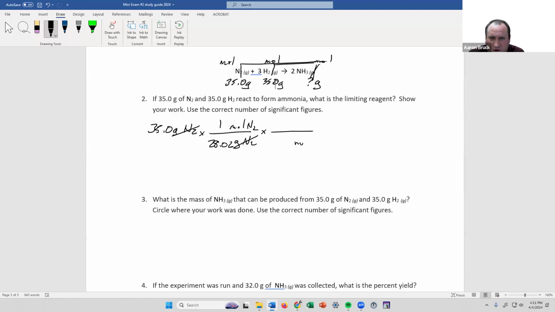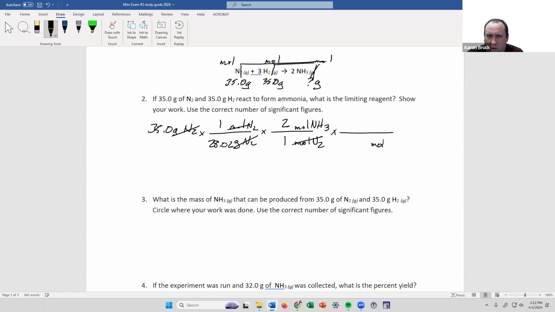Second step would be to convert the moles of nitrogen into moles of ammonia. That relationship comes from the balanced chemical equation. I've got 1 nitrogen, I've got 2 ammonia. My moles of nitrogen cancel. I'm now with moles of ammonia.